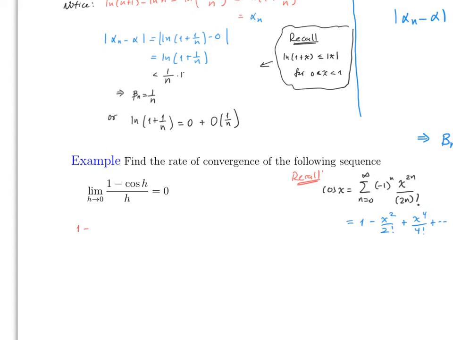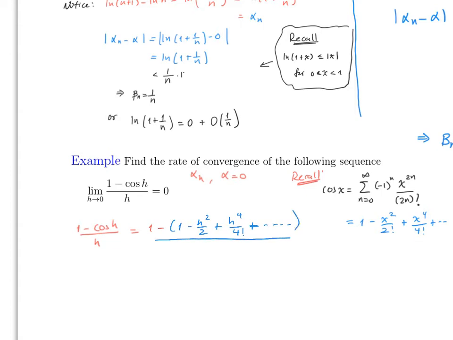We have 1 minus cosine h over h, which technically you could say that now that's alpha h, and alpha is still 0 in our case. Now if we use this expansion, we have the following: 1 minus cosine h, but cosine h is going to be 1 minus h squared over 2 plus h to the 4 over 4 factorial minus and so forth.